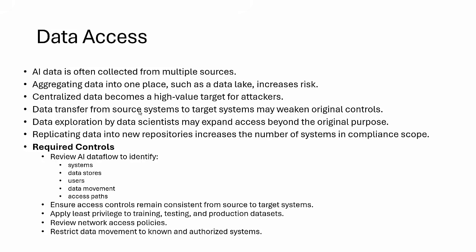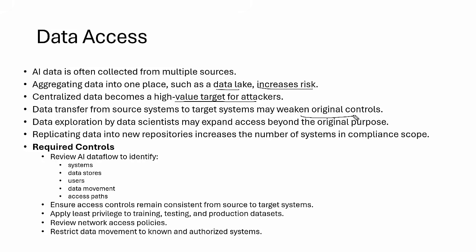So overall, for data access, data is often collected from multiple sources. If you aggregate data into one place, such as a data lake, the risk is increased because we have aggregated data from multiple sources. And the centralized data becomes a high-value target for attackers. Data transfer from the source system to the target system may weaken the original control.